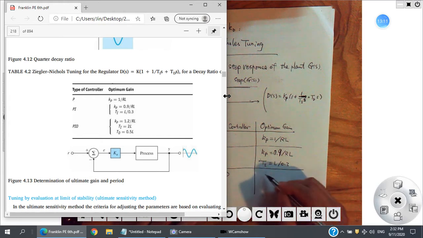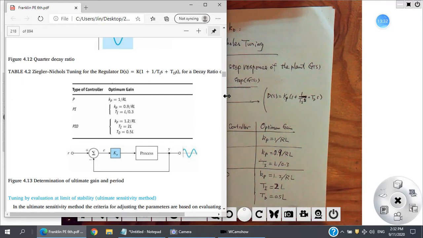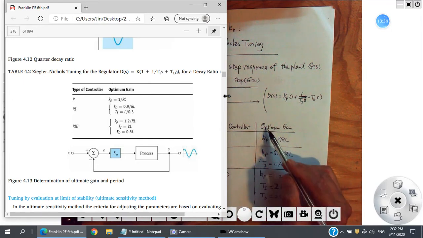And then for the PID controller, we need three parameters. The Kp is 1.2 over RL, the Ti is 2L, and we have a Td, which is half of L. So this is called the optimal gain.